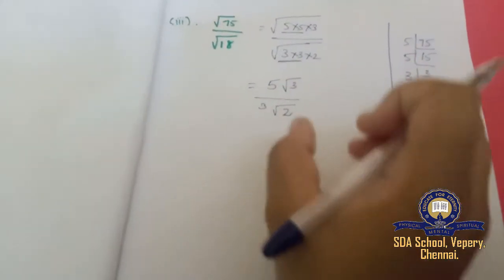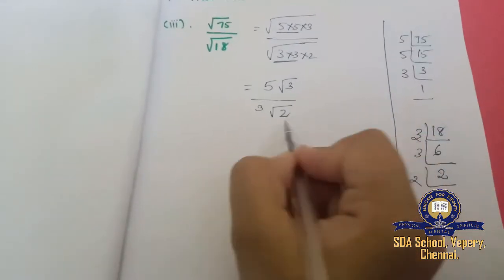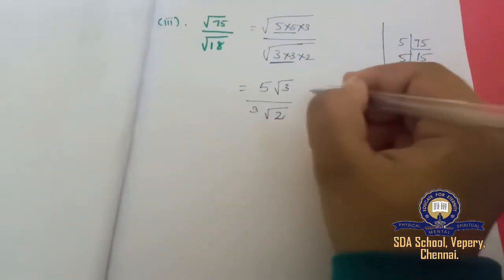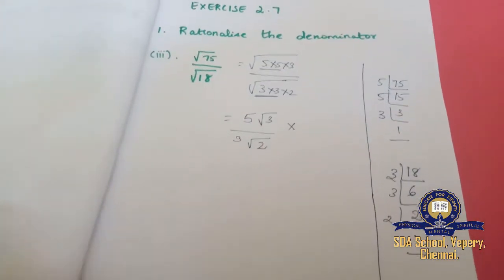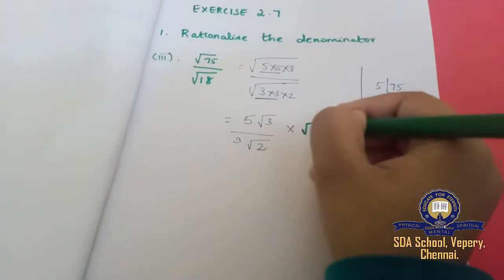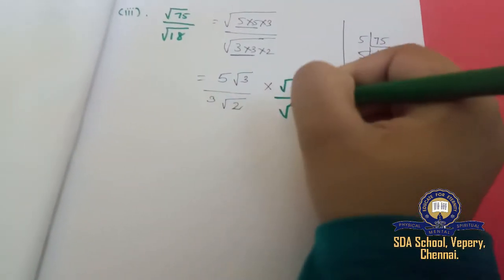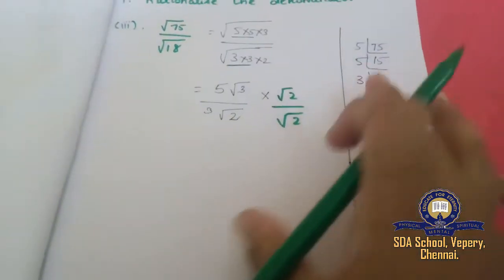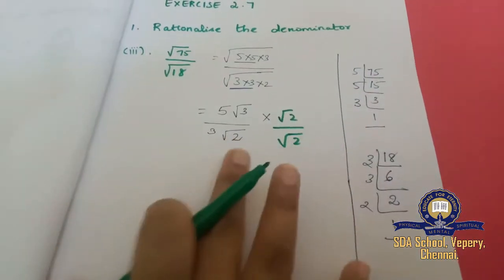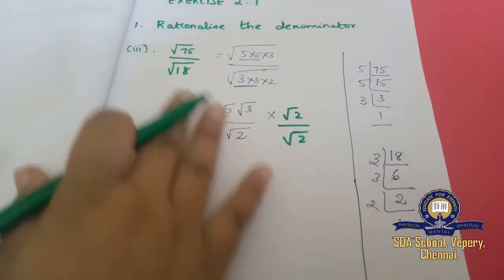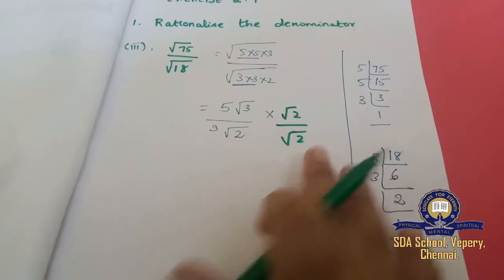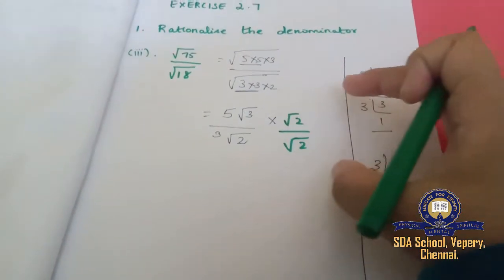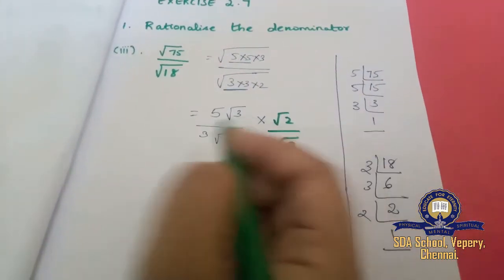Now what I have to do is I have to rationalize the denominator. Now what is the denominator? Root 2. Now what I will do is I will multiply and divide with root 2. Now here only I am rationalizing the denominator. Till here what I did was all which I have already studied in the properties of surds. Now only I am going to introduce this rationalization of the denominator. Do you understand, students?